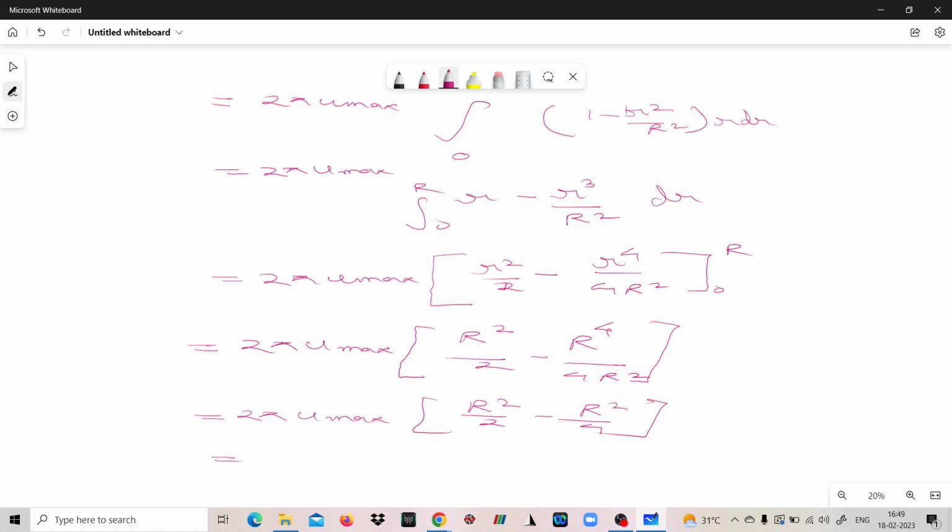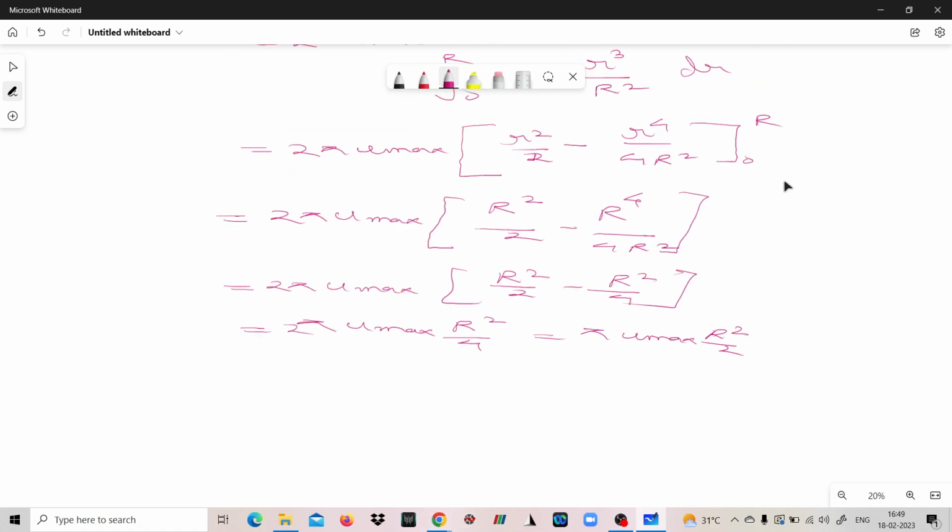So effectively, pi u max, R square by 4 into 2 is there. So pi u max R square by 2. This is the expression for discharge.